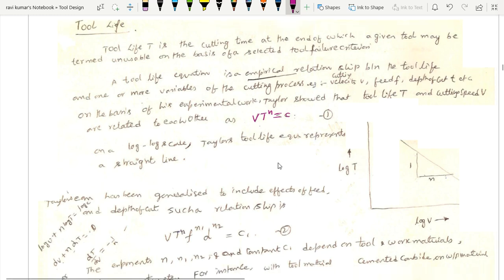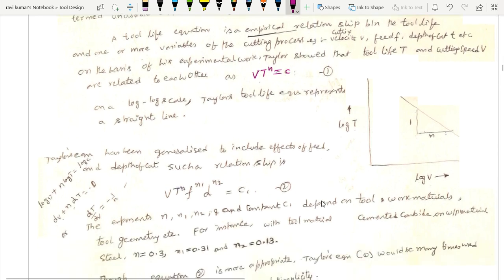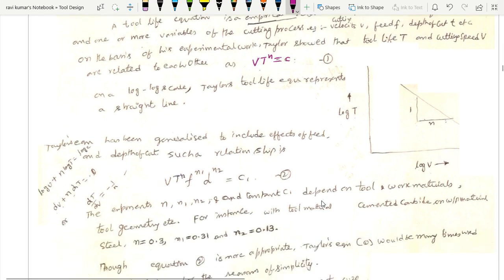If this equation is observed on a graph, say log t versus log v scale, it is nothing but a straight line with the tool life exponent n giving the slope of this straight line.